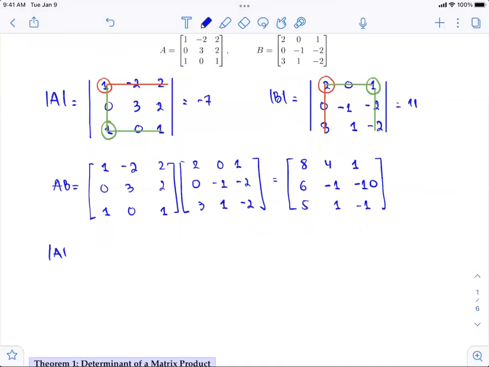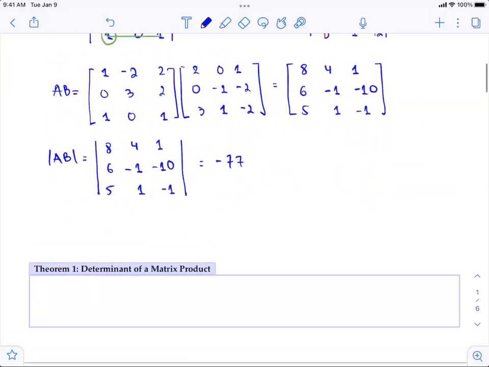And the determinant of this product A times B, or the determinant of the matrix 8, 4, 1, 6, -1, -10, 5, 1, -1, is going to be equal to -77. I'm again going to skip the formality and just give you the answer. I just want to focus on the idea of the determinant of a matrix product.